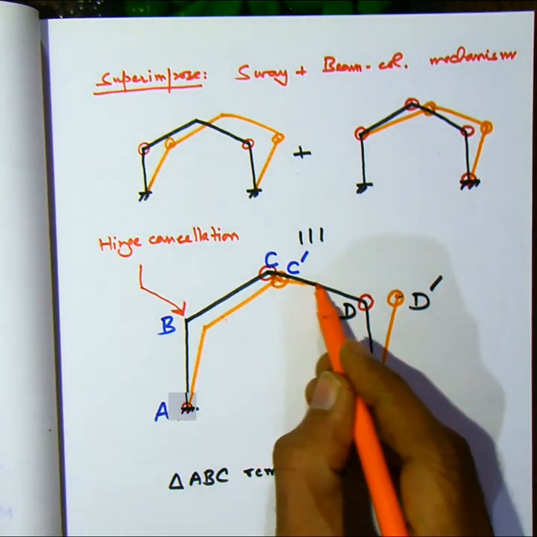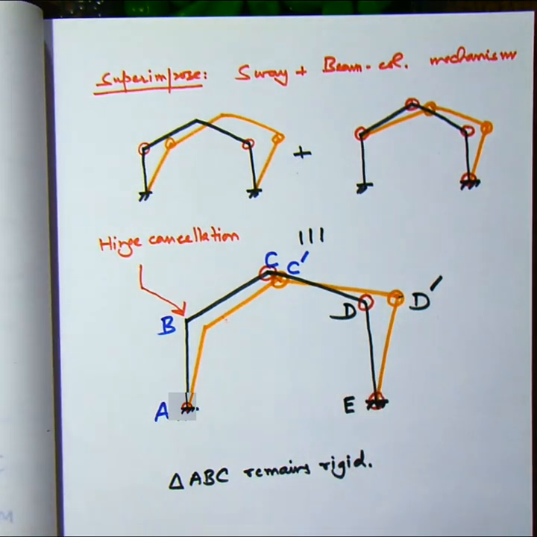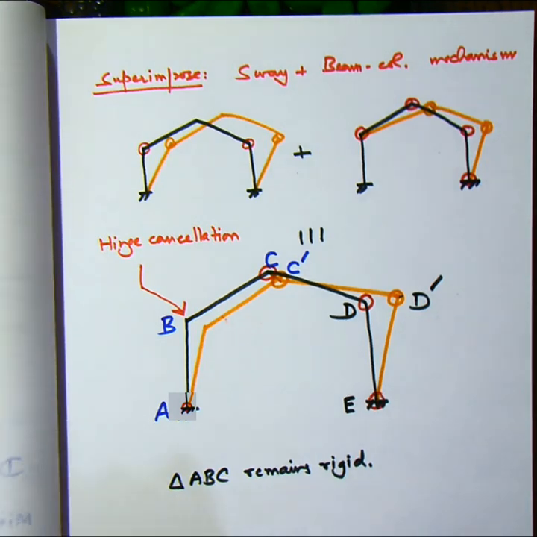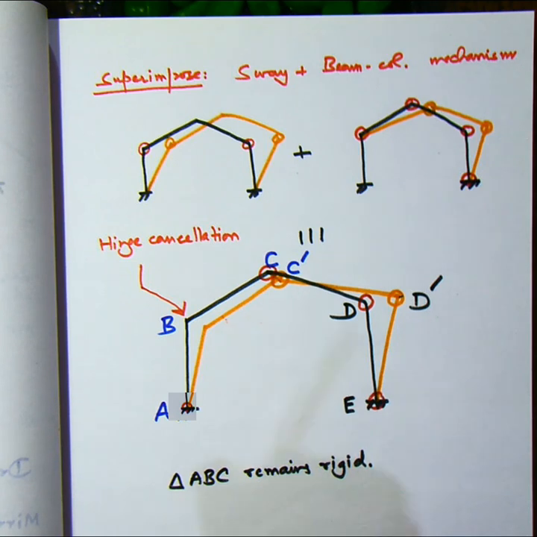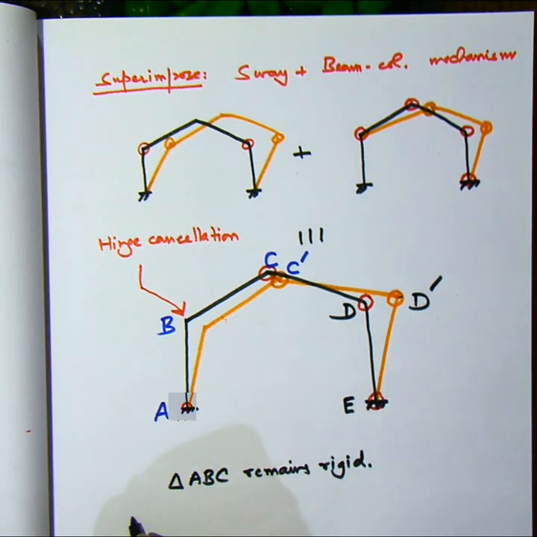D goes to D dash, and the displacement is such that the movement of D is at right angles to its original length, and then we join C dash and D dash. So this is the combined mechanism.